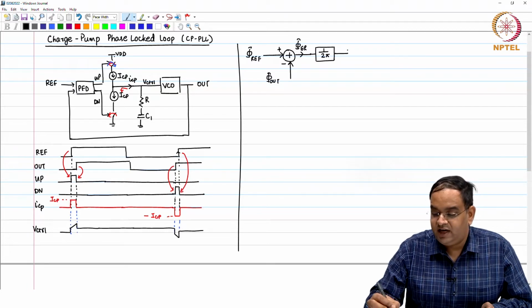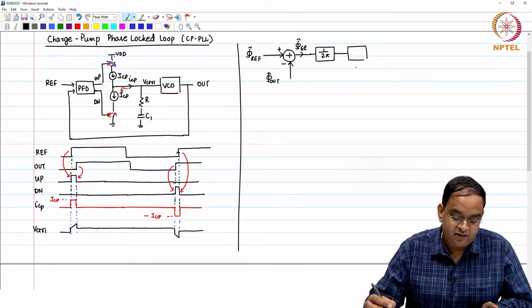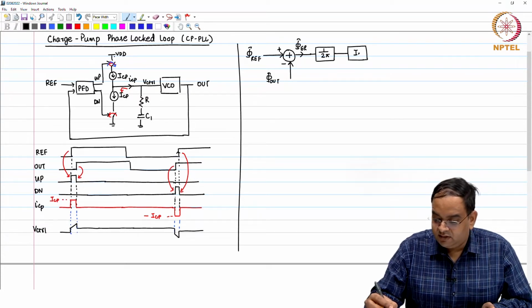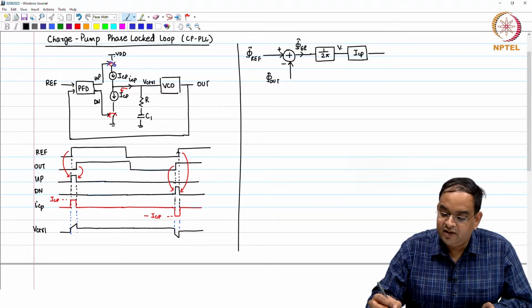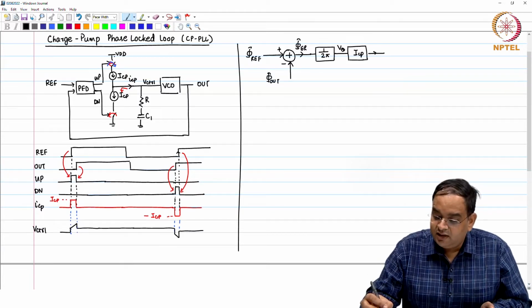If you want to write it separately, we can write it as 1 over 2 pi for the phase error detector gain in a steady state, and this is ICP. Here you can still say this is the phase error detector VPD, or in our case PFD, and this is the charge pump current.